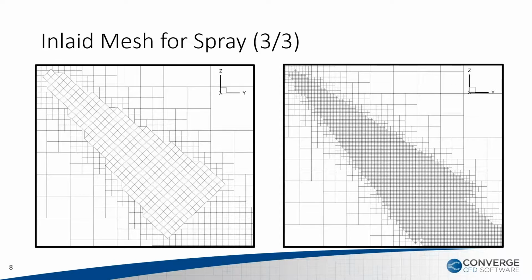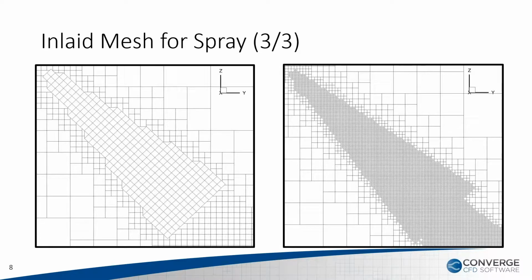So for this particular case, we did notice that using the Cartesian grid, there is a small difference in the spray penetration between the nozzles oriented along the principal axis versus the nozzles not oriented along the principal axis. If we used an inlaid mesh as shown on the left, we were able to reduce that difference to a very small amount.